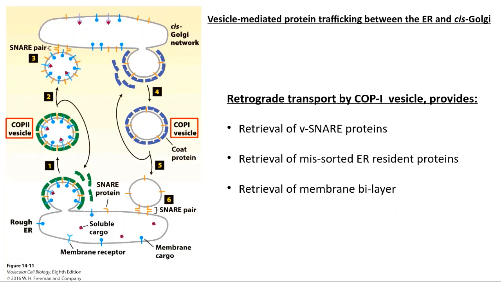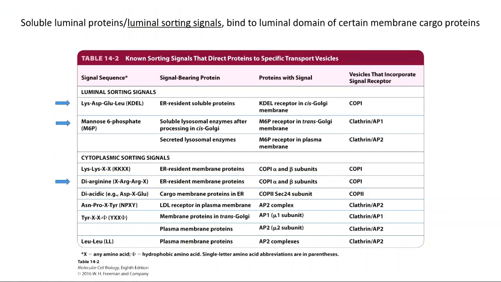Okay. Now going to the next slide, if you remember, we discussed the diacidic sorting signal in case of the COP2 coated vesicle. Those diacidic sorting signals were being recruited by the SEC24, which is being recruited by the SAR1 during the formation of the coated vesicle.